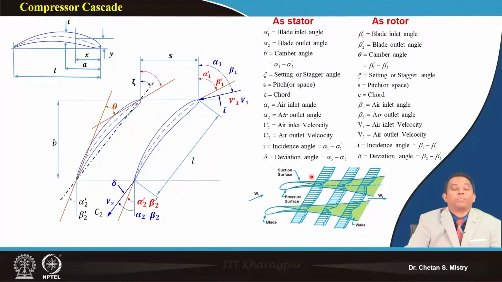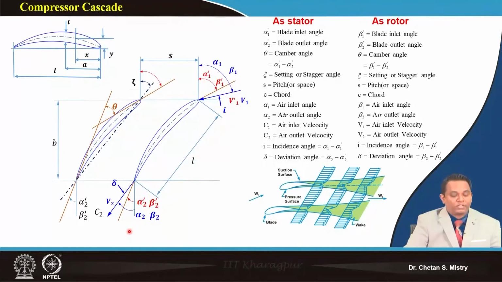Because of the presence of low momentum fluid, because of the growth of the boundary layer, and since my blade or aerofoil is working under adverse pressure gradient, the flow moves away from the trailing edge, and that is what we have defined as the wake coming out at the exit. The difference of angle is what we have defined as the deviation angle. This deviation angle is also equally important.